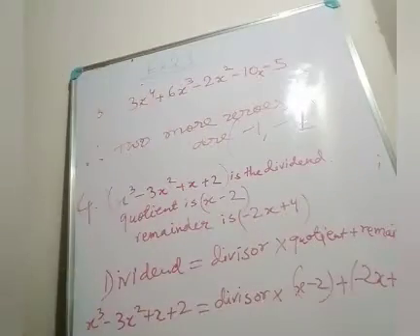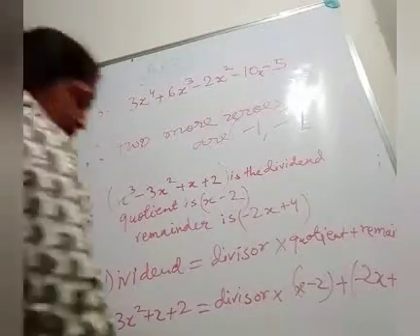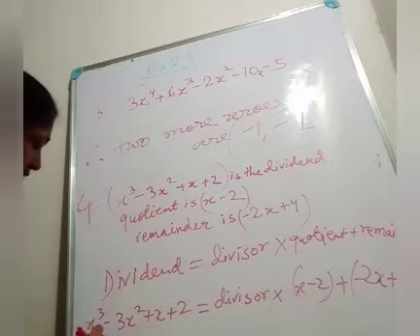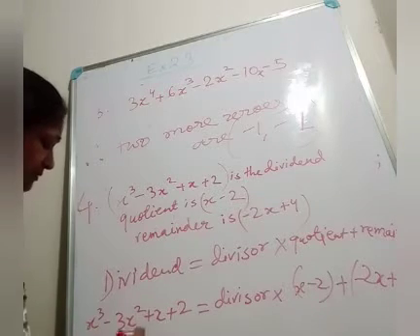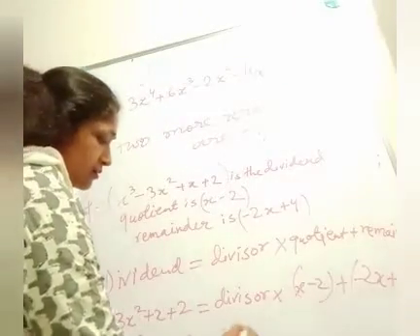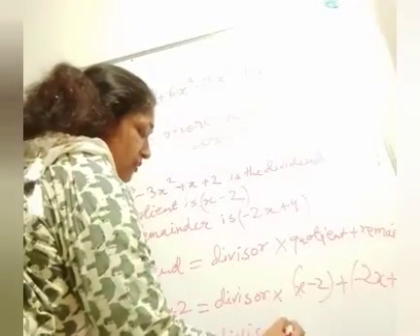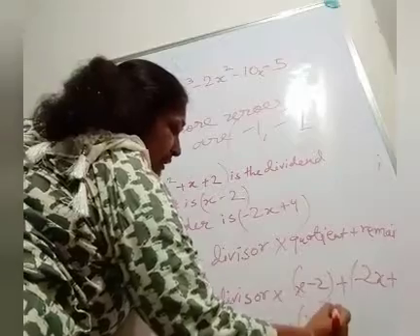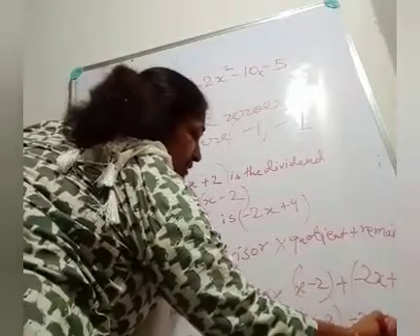Okay students, now open the bracket of remainder. Opening the bracket of remainder, we get minus 2x plus 4.